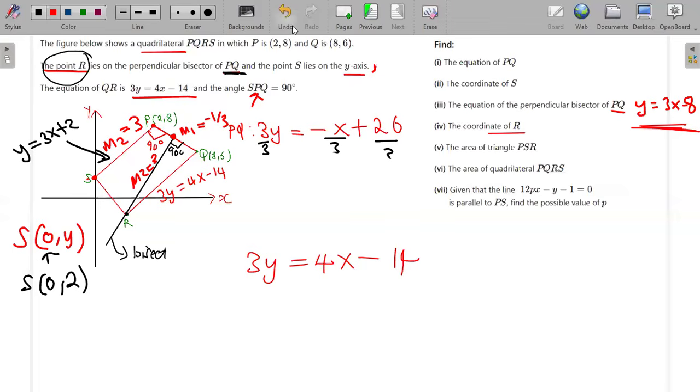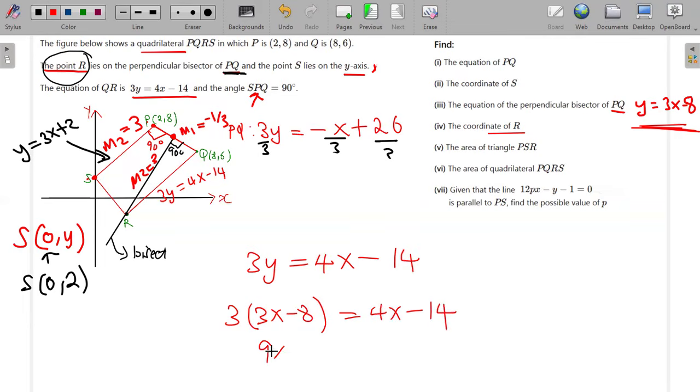So wherever there's a y, I'm going to put 3x minus 8. So it will be 3 times the y, which is 3x minus 8, and then 4x minus 14.